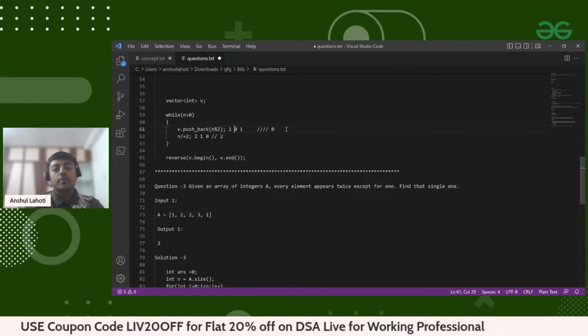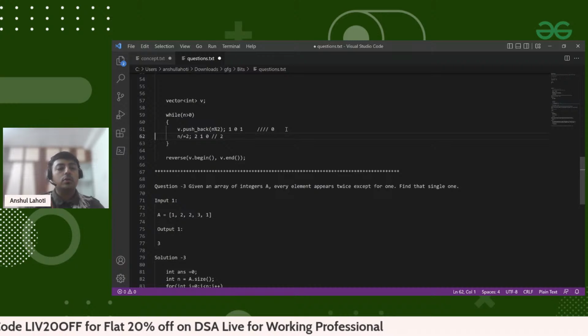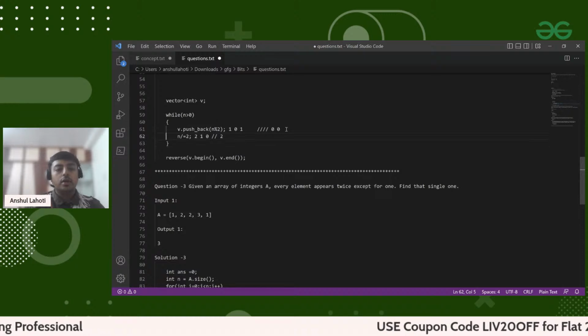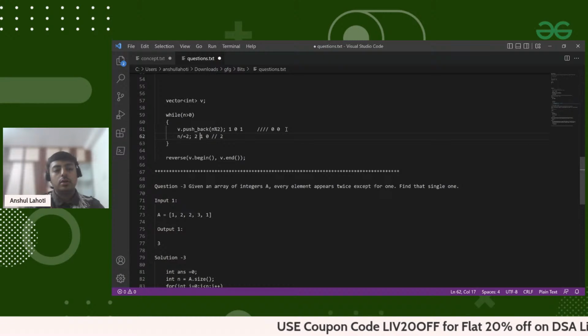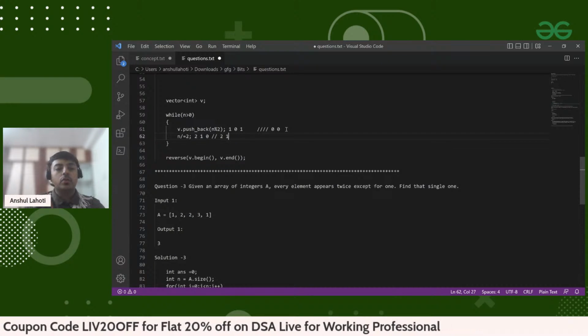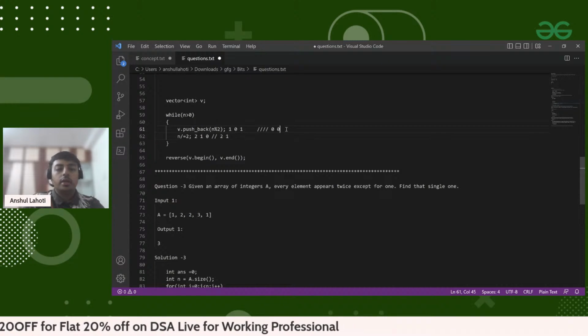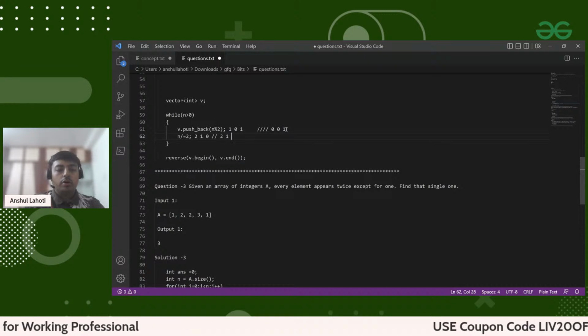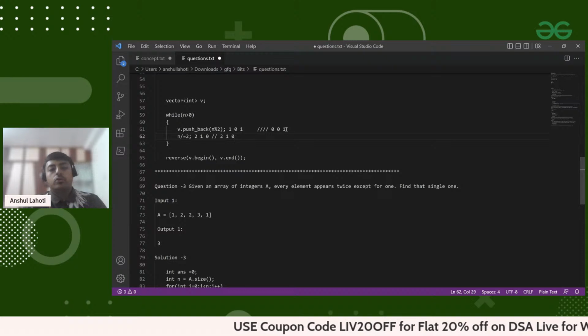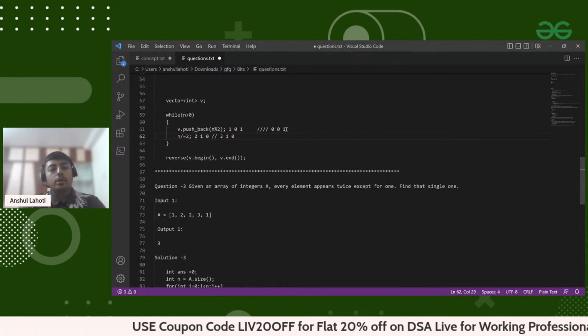Same, 2 is greater than 0. So 2 mod 2 is again 0, and 2 divided by 2 is 1. Similarly, we will push 0. Then we get 1 mod 2 is 1, and 1 divided by 2 is 0. So that's the flow of the code.